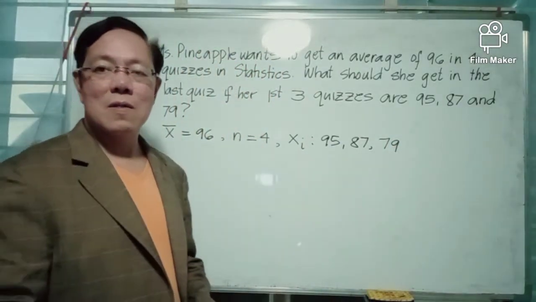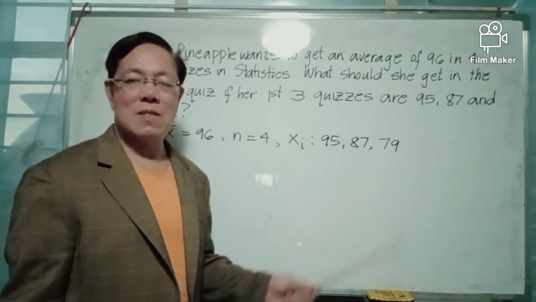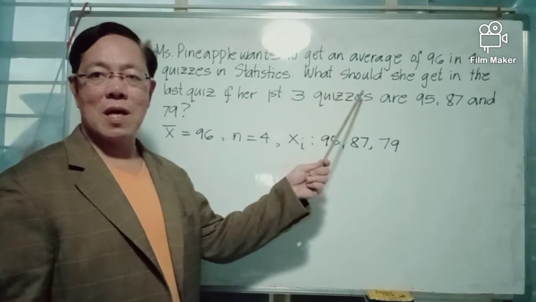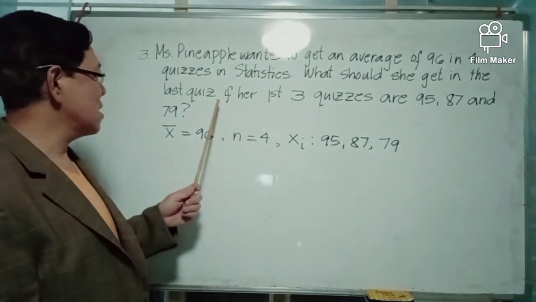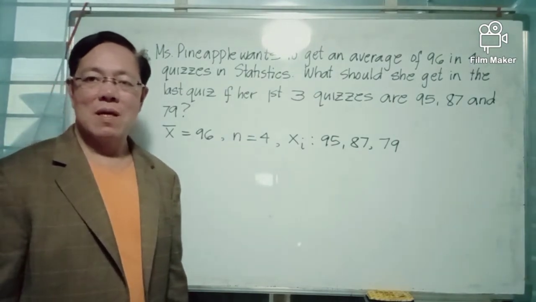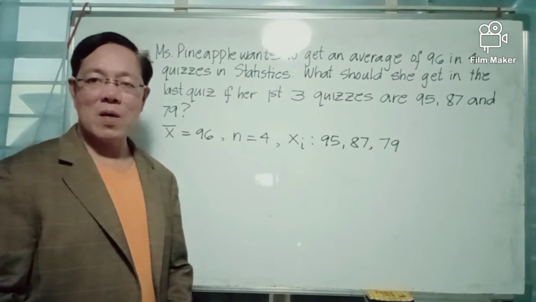These are her scores in the first 3 quizzes, and we want to know what she should get in the last quiz, and that would be the 4th quiz. And we denote that by using a variable x.